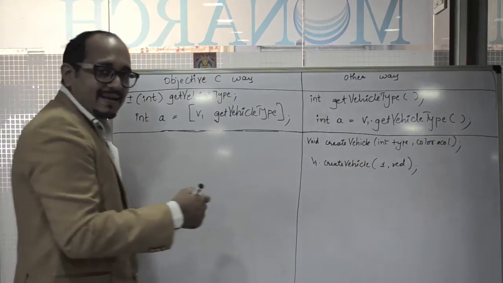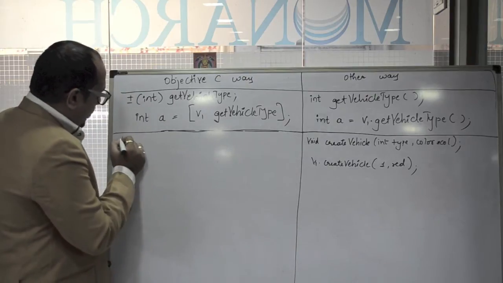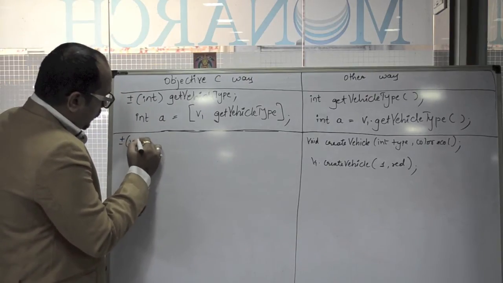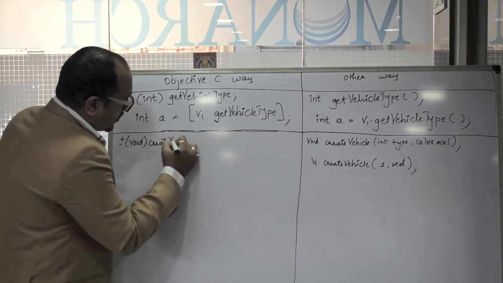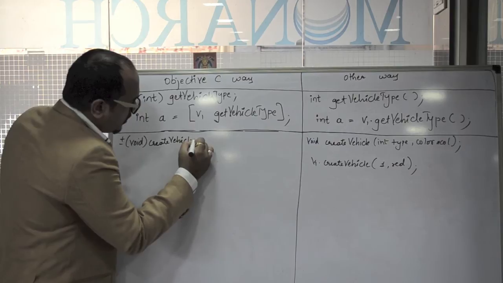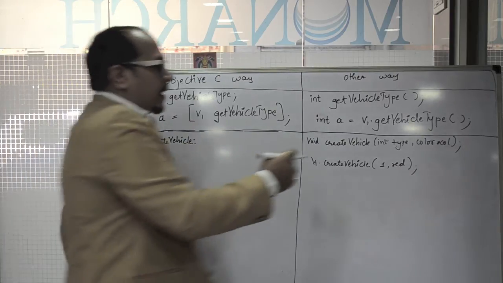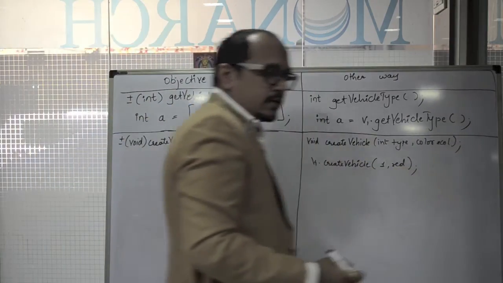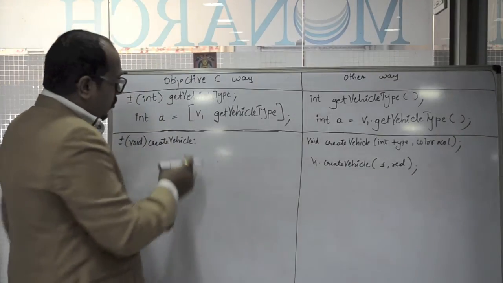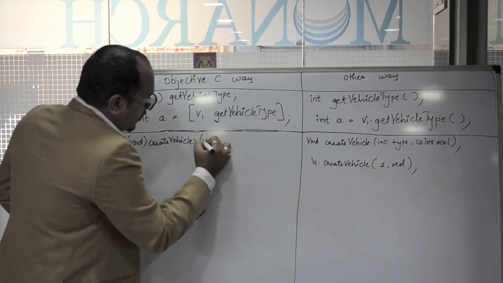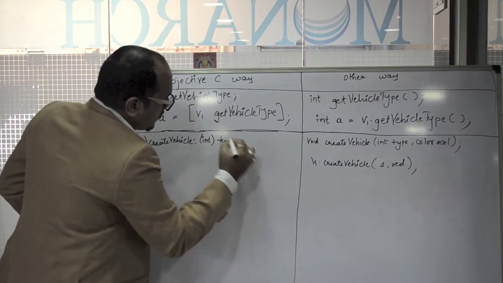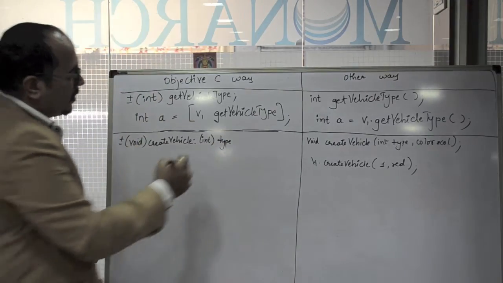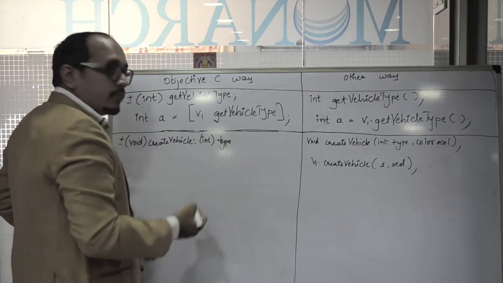Similarly, how will I declare this in Objective-C? I will have the plus or minus sign, void, create vehicle, colon. Here, arguments are separated by a comma; in Objective-C we have space, colon. I told you all data types will be inside the round braces.